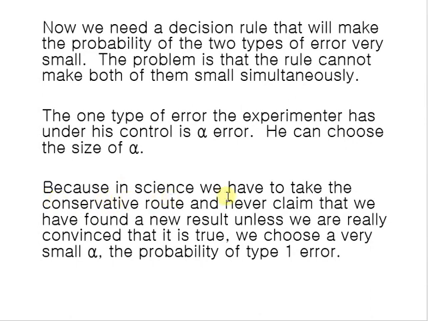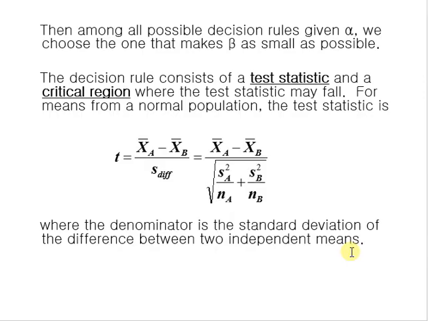because in science we have to take the conservative route and never claim that we have found a new result unless we are really convinced that it is true. We choose a very small alpha, the probability of type 1 error. Among all possible decision rules given alpha, we choose the one that makes beta as small as possible.